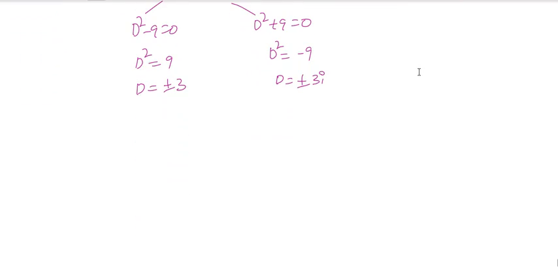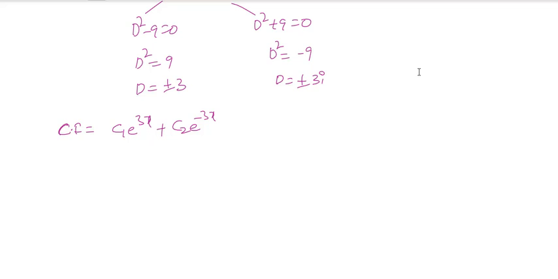So now the complementary function. What is your complementary function? C1 cos 3x plus... sorry, for these two roots you have to write it separately. Plus or minus 3 is represented as c1 e to the power of 3x plus c2 e to the power of minus 3x.